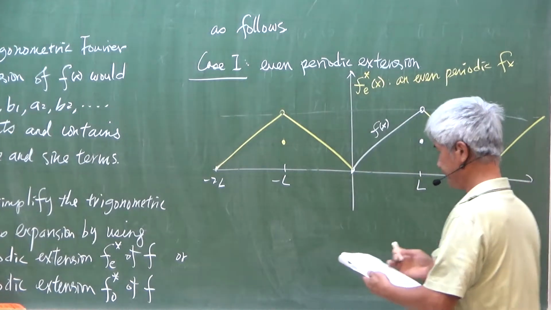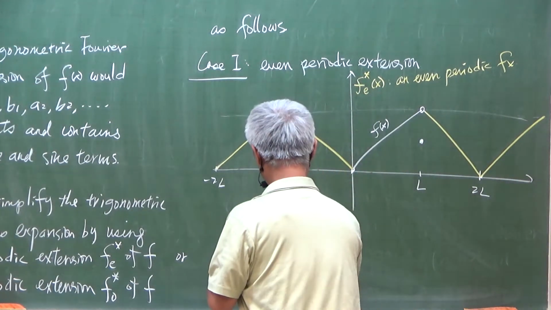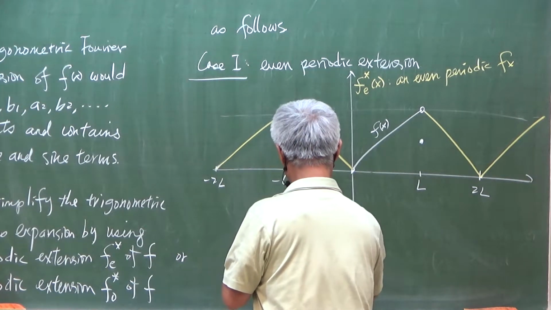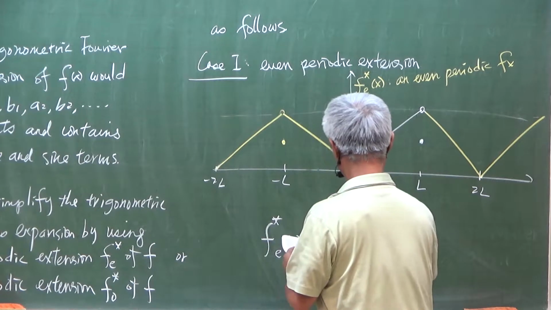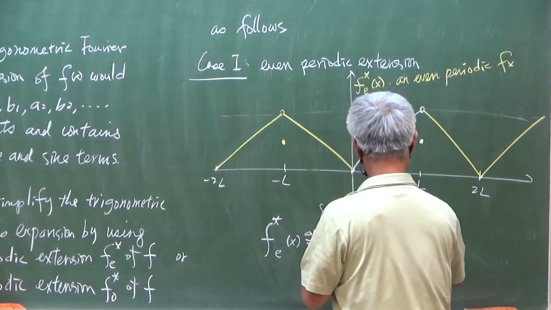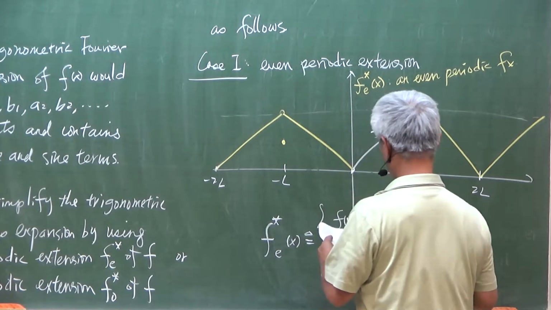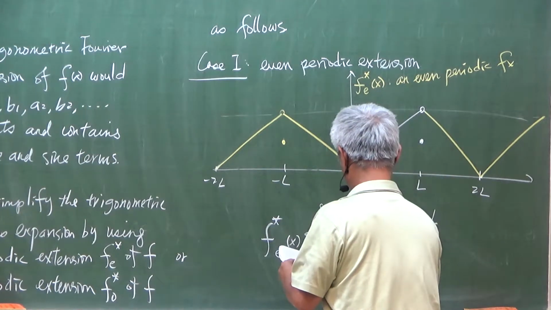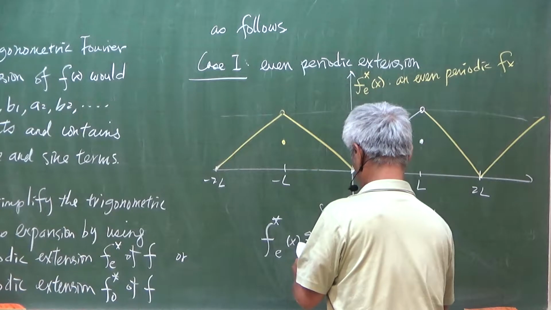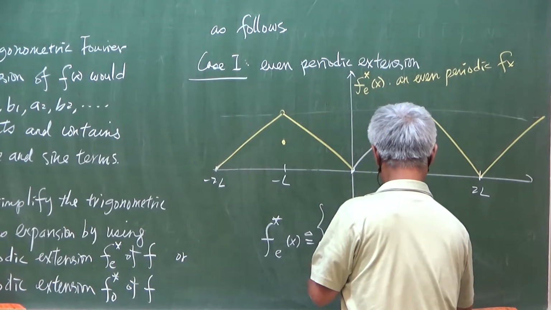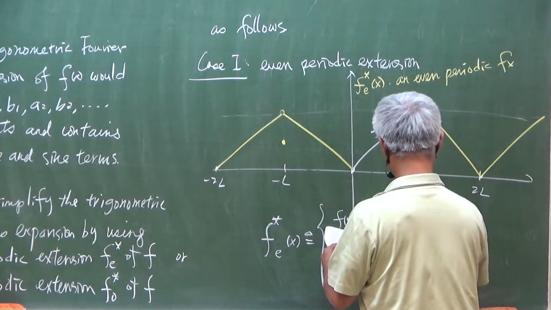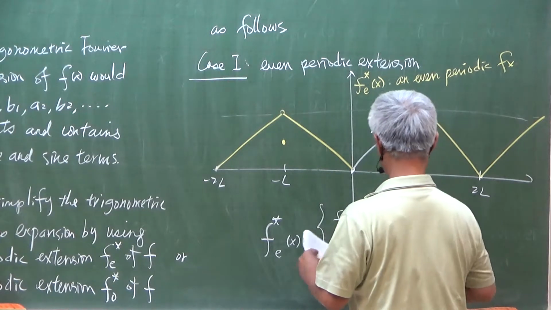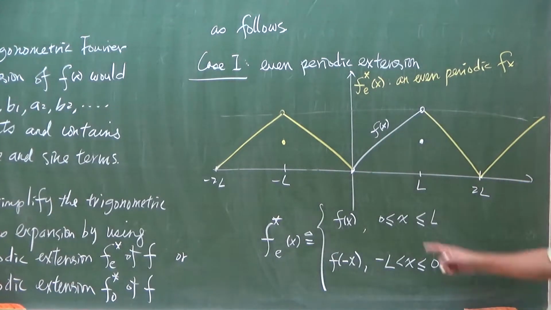Right. So the formal definition here is that we define it, and zero. Okay, so we define that.